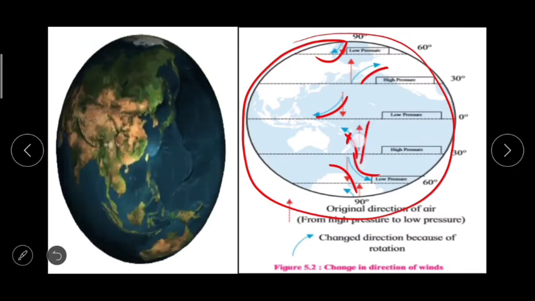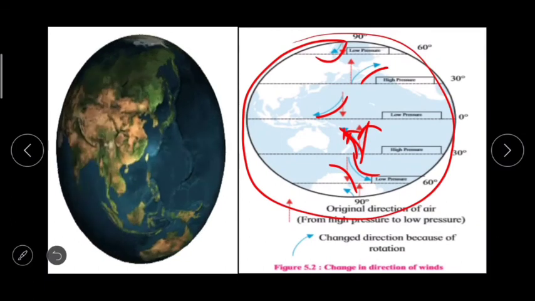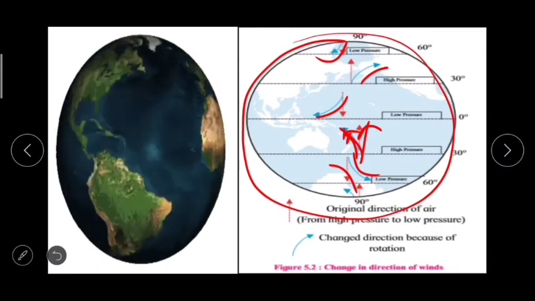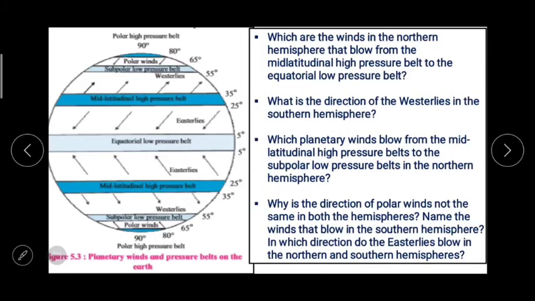This is the original direction but changed direction due to rotation of the earth. Next thing, figure 5.3 and the questions based on it, which you people can solve.